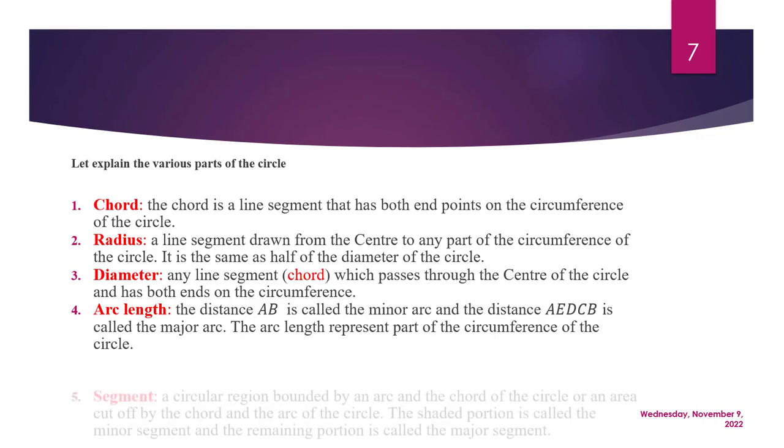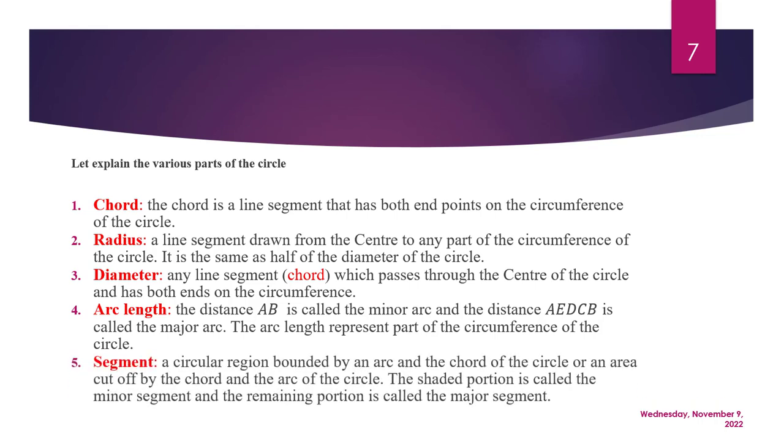Right. Let's talk about segment. What is a segment? A segment is a circular region bounded by an arc and the chord of the circle, or an area cut off by the chord and the arc of the circle.